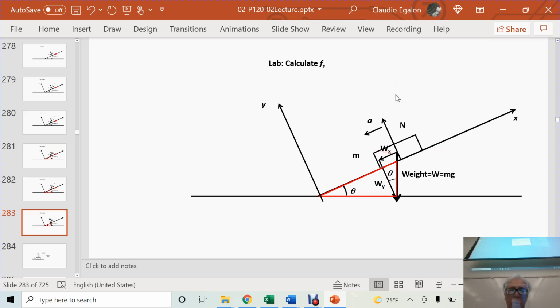There is no acceleration because if v is equal to 0, there will be no acceleration whatsoever. And we are going to have this force of static friction.